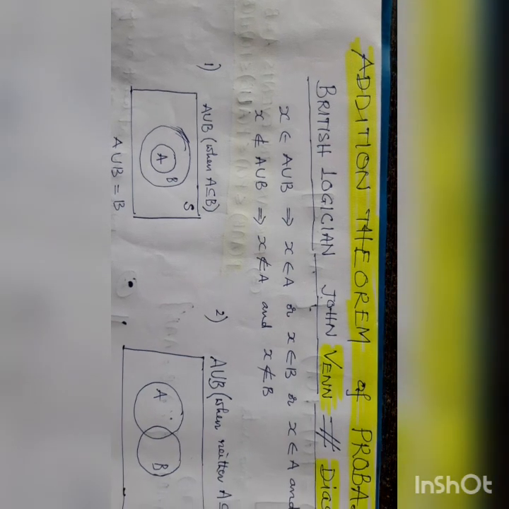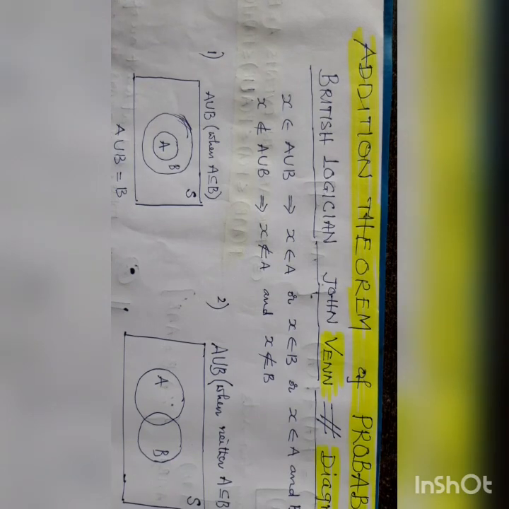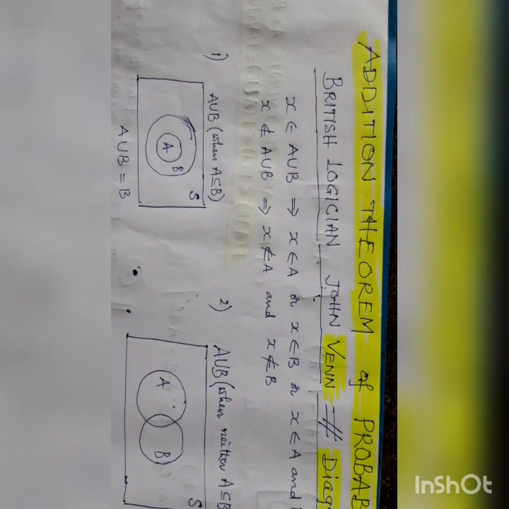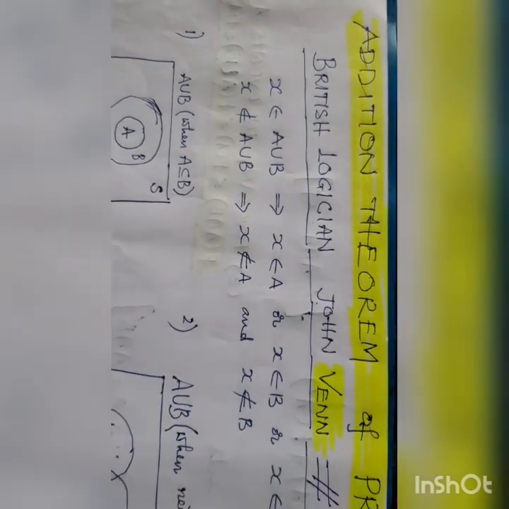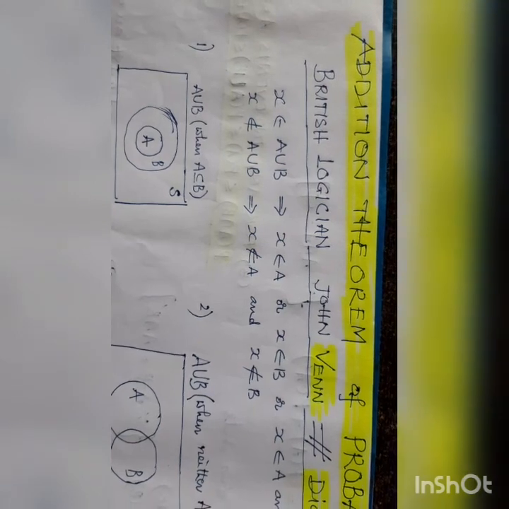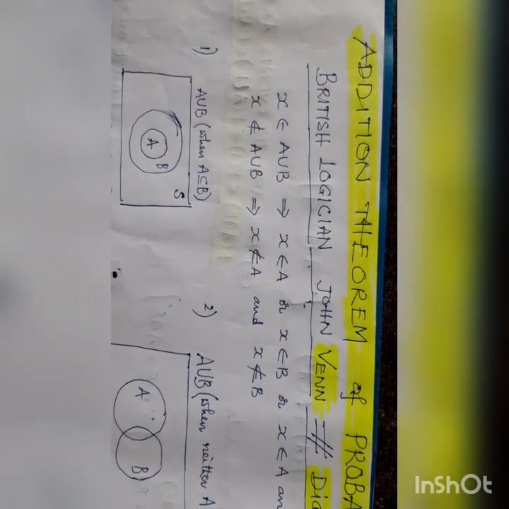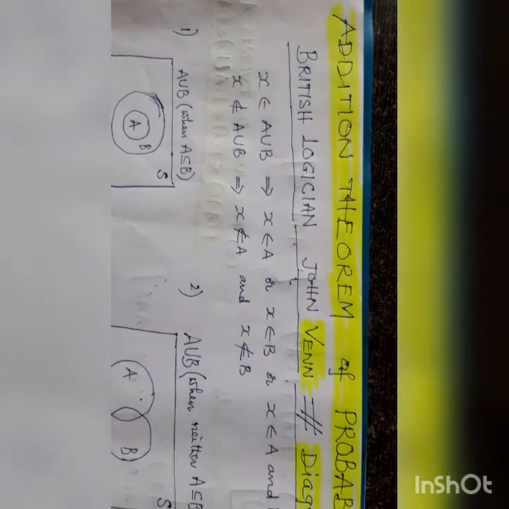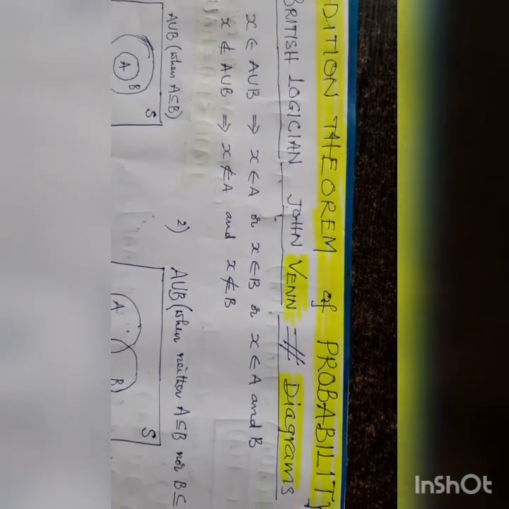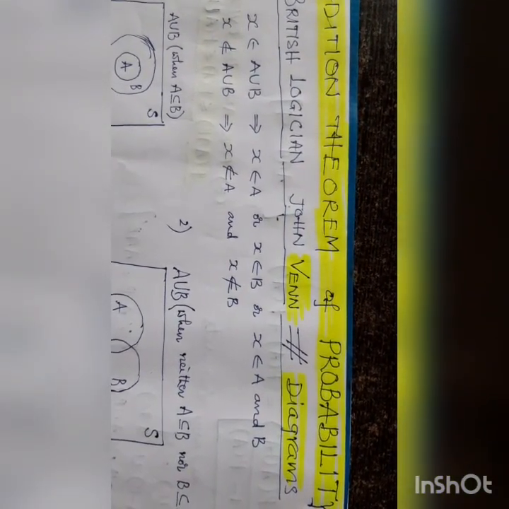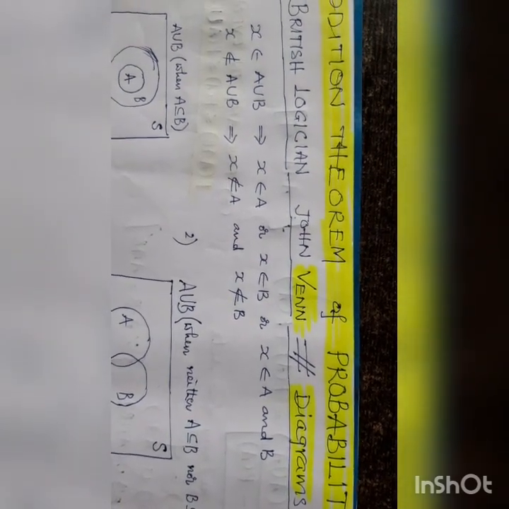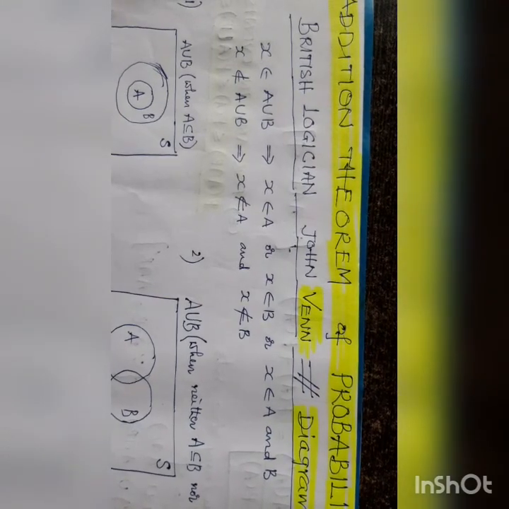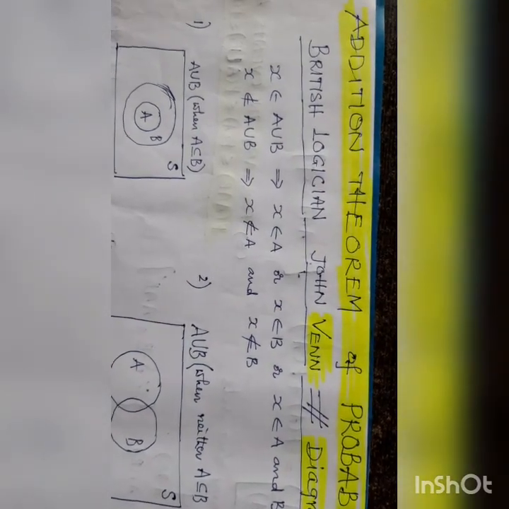The British logician John Venn helped in mathematics and is very popularly known for Venn diagrams. That is on his name only, John Venn, British logician. Please see here, I have shown you.